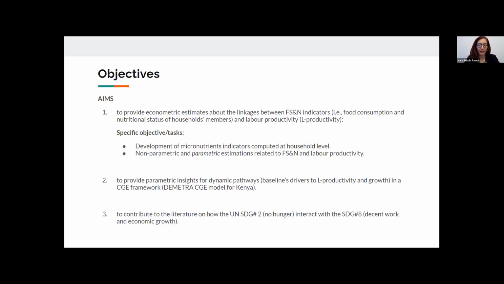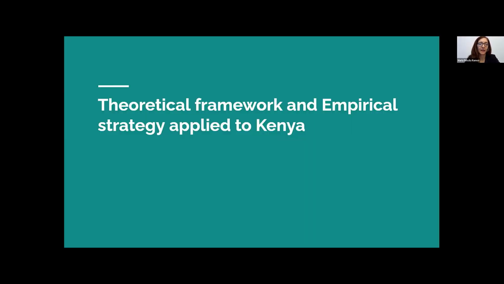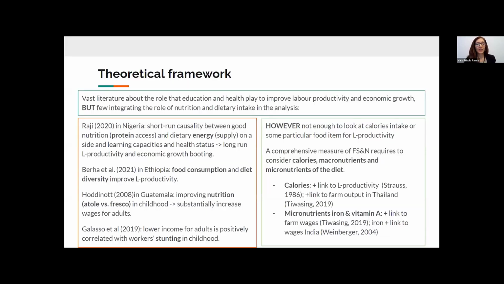And of course, we hope that this work could contribute to the literature about two main SDGs, that is, no hunger, SDG 2, and decent work and economic growth, SDG 8. So let's move to the theoretical framework and empirical strategy we apply for the case of Kenya.